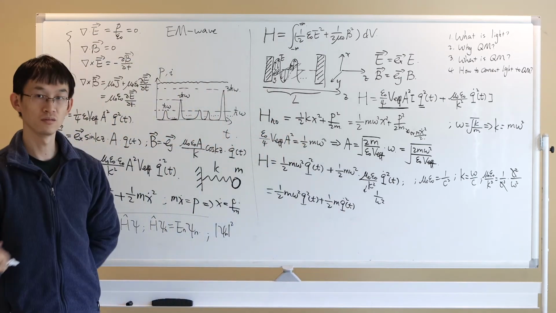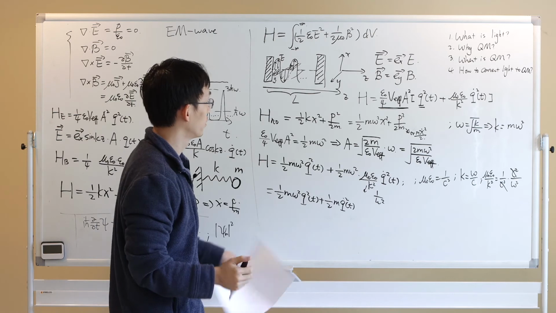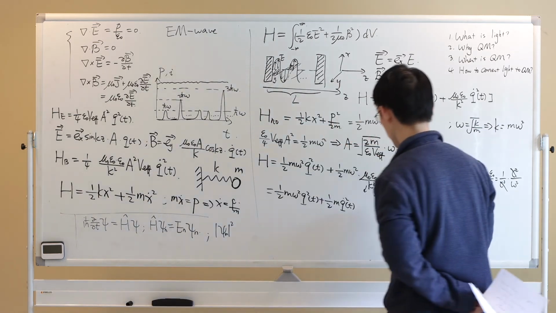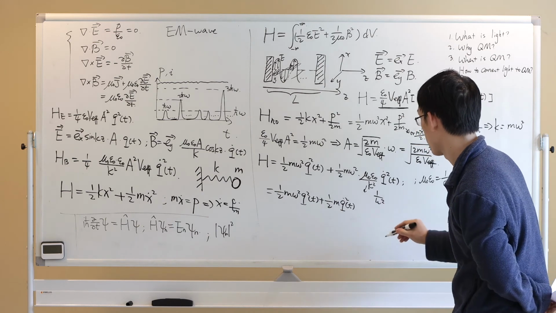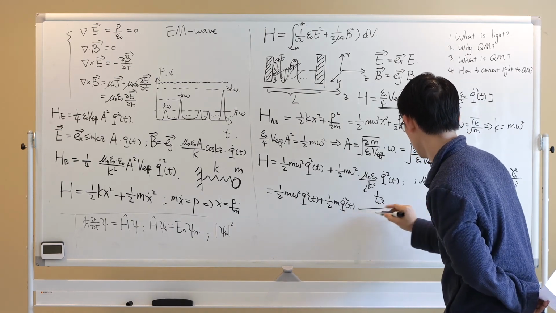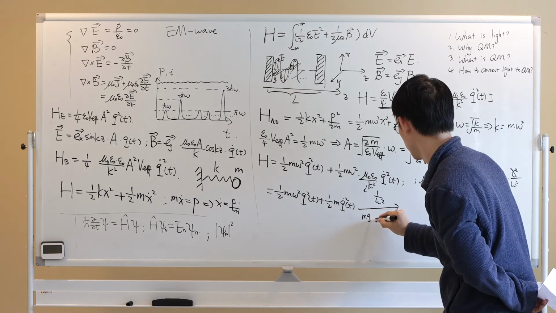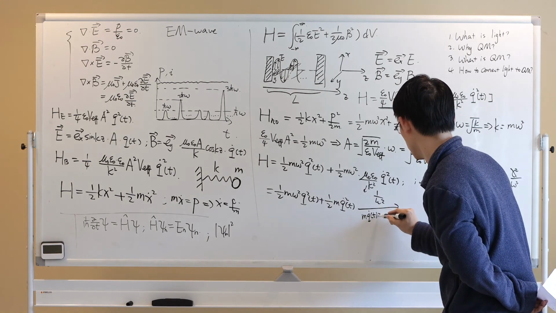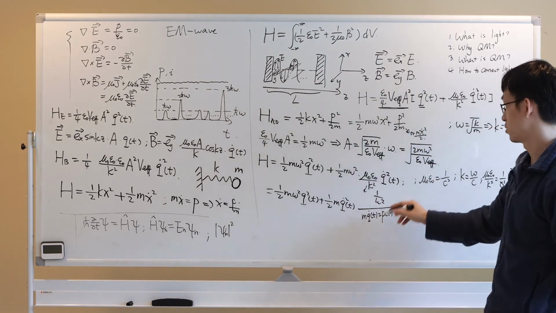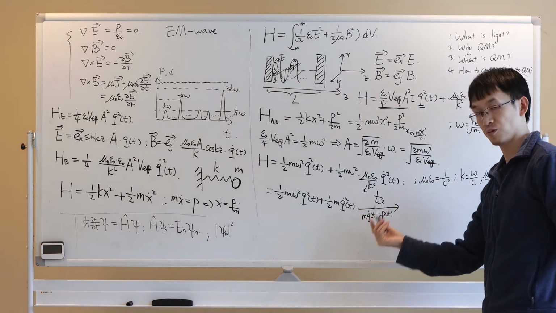So this is exactly like the Hamiltonian of a harmonic oscillator, and then you can define p of t equals m q dot t. So define momentum, which really doesn't matter.